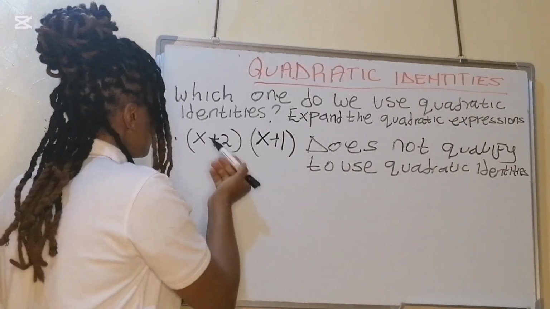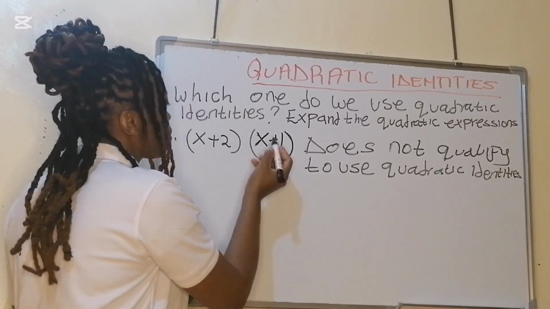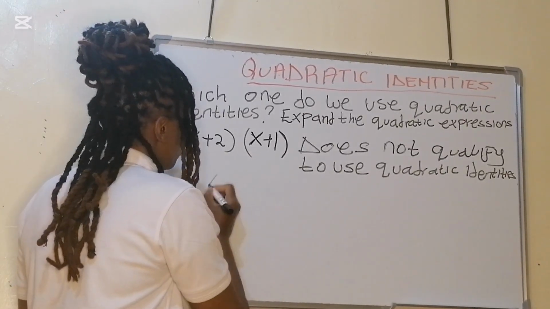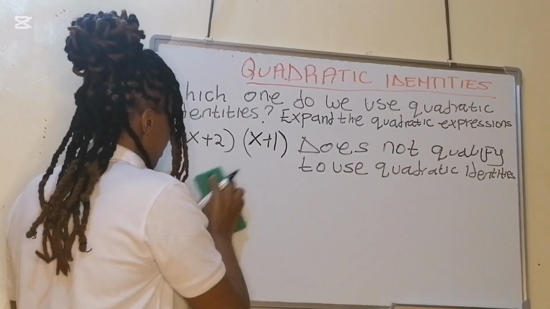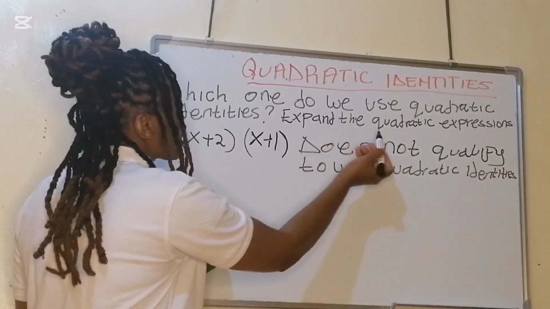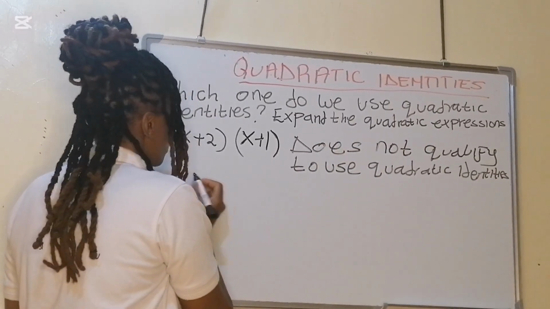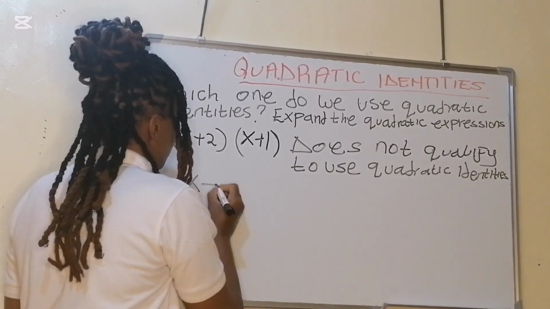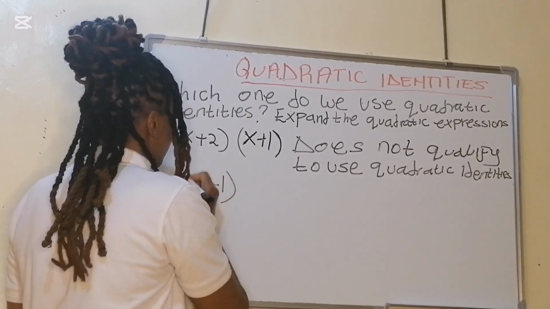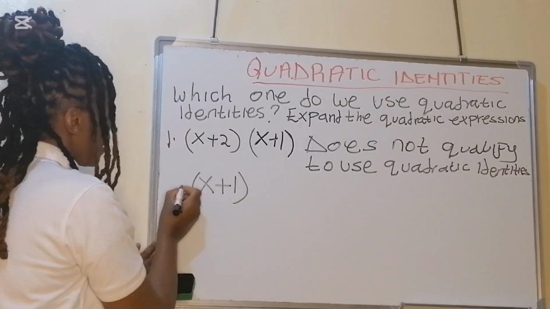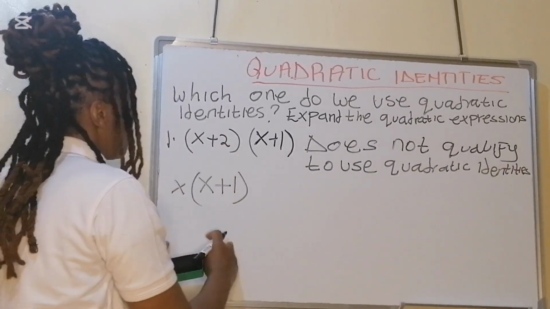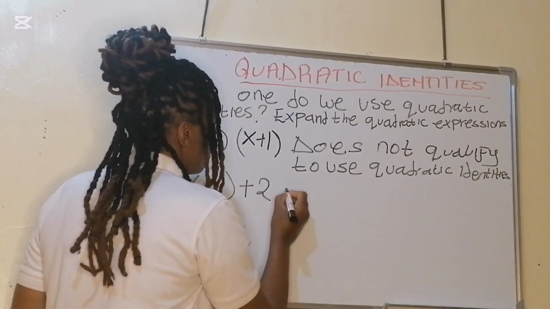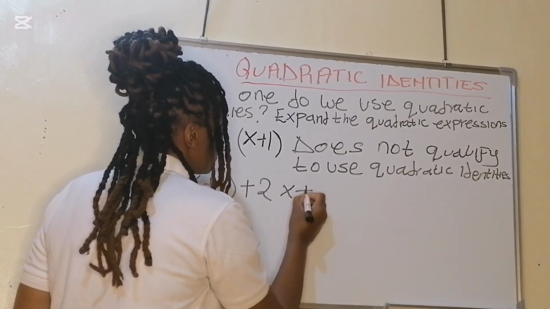Okay? So here we have x plus 2 times x plus 1. So we use the long method to expand. We are told to expand the quadratic expression. So x plus 1 times x, plus 2x, plus 1.